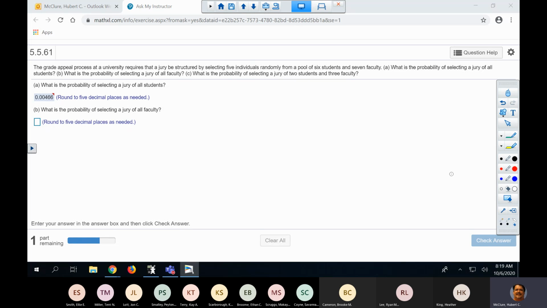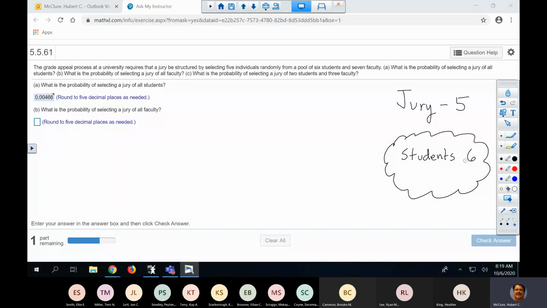The jury is supposed to be made up of 5 slots, 5 people. And you have to choose from 6 students and 7 faculty.